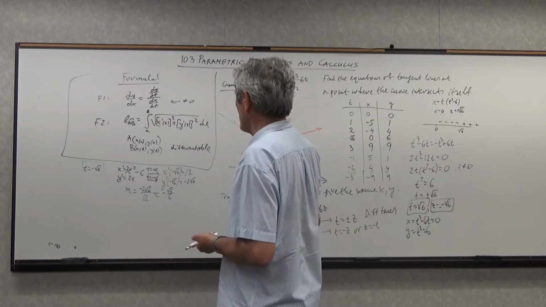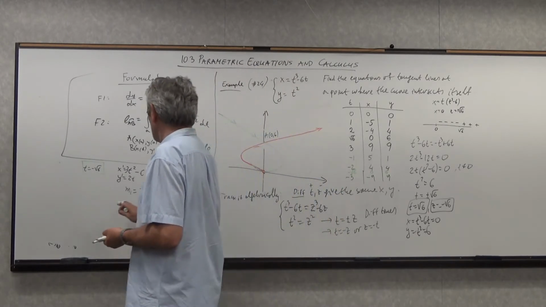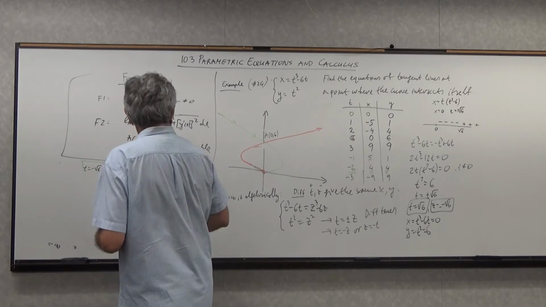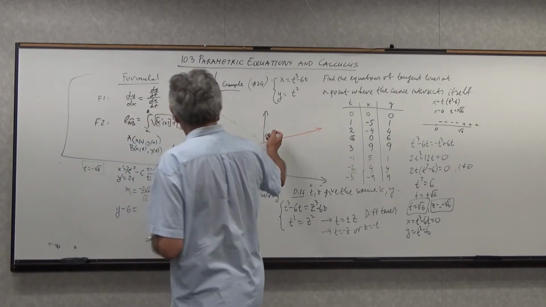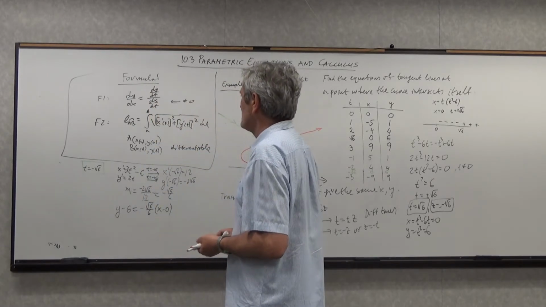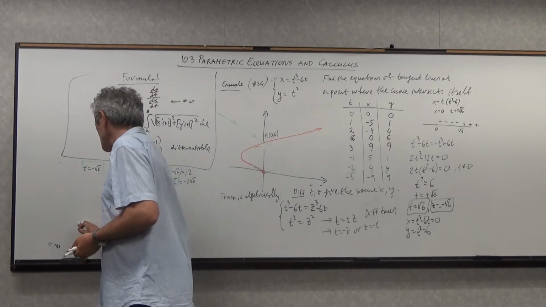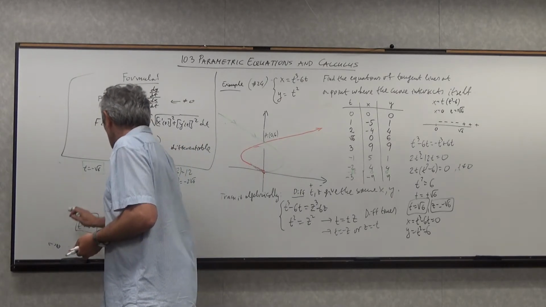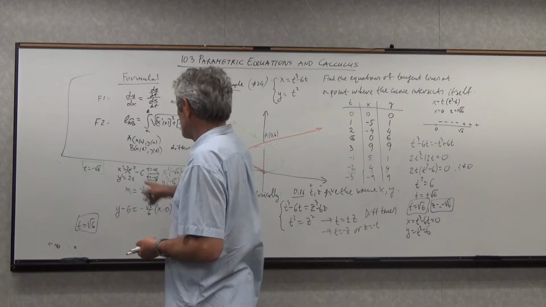So then the equation of that tangent line would be y minus 6 equals negative root 6 over 6 times x minus 0. And then it's very easy to see that when t is just root 6, everything will be the same.